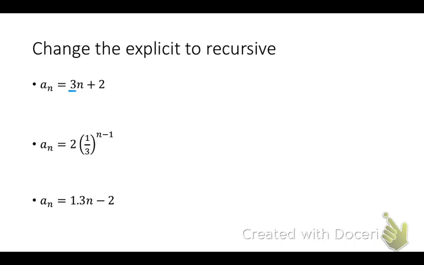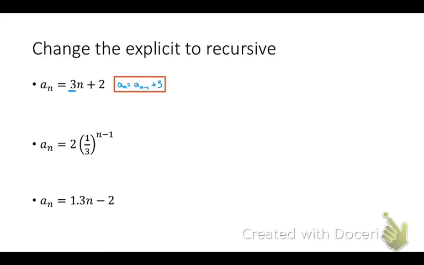So whenever I go from explicit to recursive, it's as simple as a sub n equal to the term before it plus 3. I'm not really worried about the 2. The 2 just helps me get my starting spot. But if I'm going from explicit to recursive, I'm really only worried about that 3.